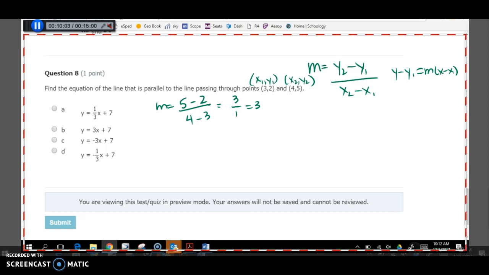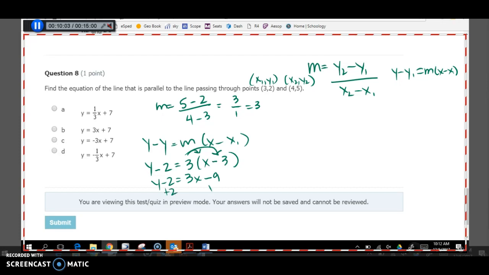But if it was more than one, to finish, you would substitute into y minus your y1 equals m times x minus x1, and it doesn't matter which point you pick, so y minus 2 equals 3 times x minus 3. Distribute your 3 through here. Y minus 2 is 3x minus 9.